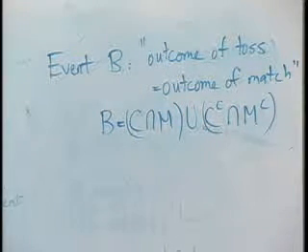So that's the deal. I raise the flag only if the outcome of the coin toss and the outcome of the match are the same. And my friend wants to know, will this tell me anything useful about whether Harvard won the coin toss?